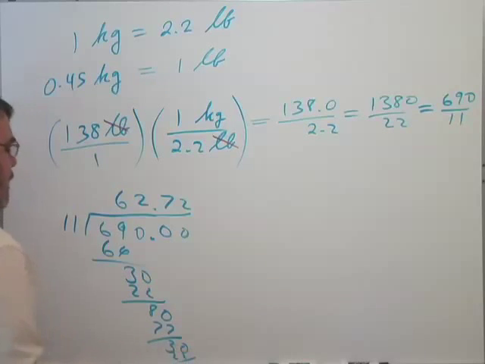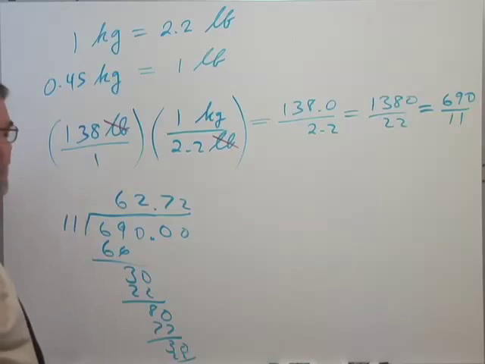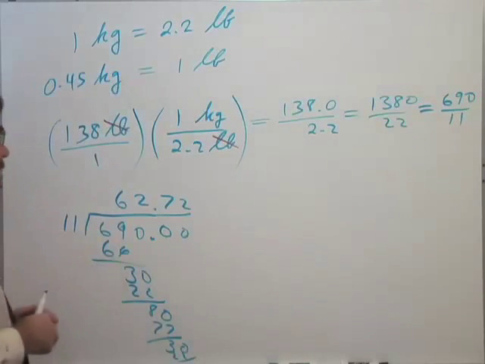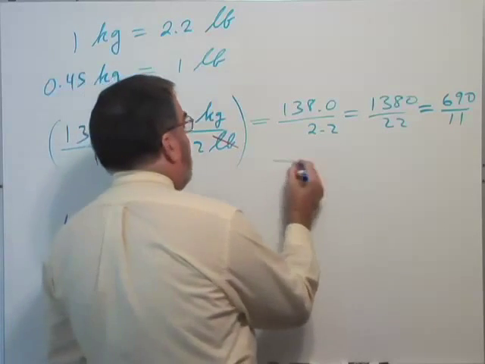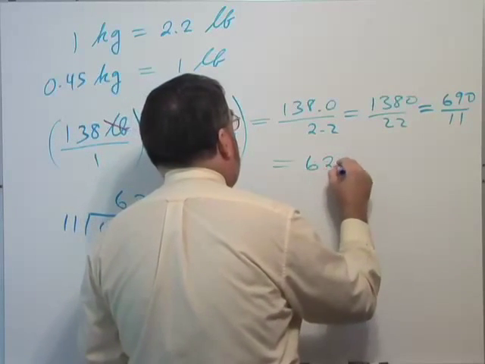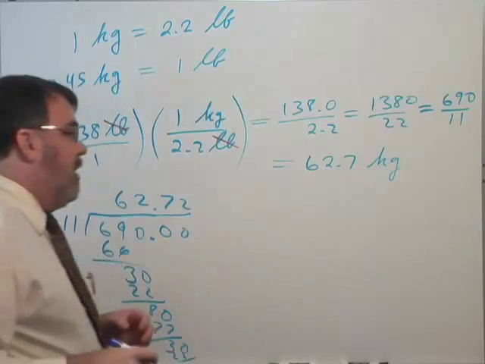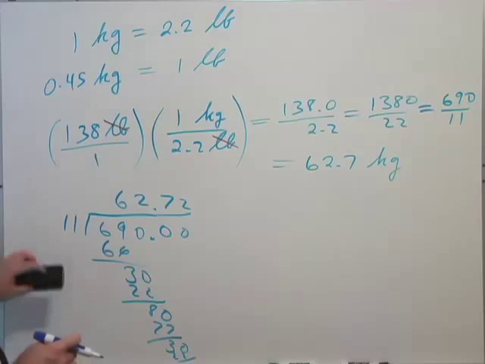When you divide by 11, you get numbers which repeat every 2 places, so this is going to go 72, 72, 72. In any event, if we went to 1 decimal point, this would round off to 62.7 kilograms.